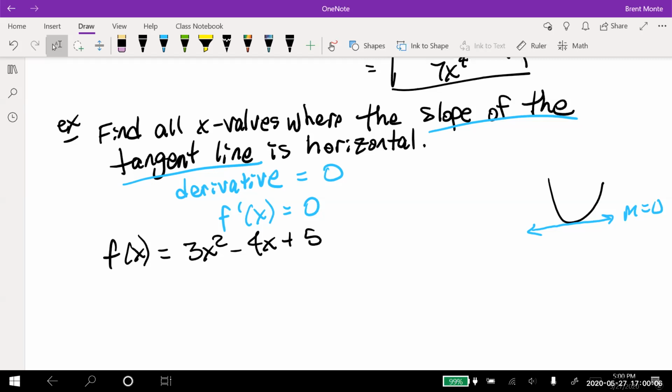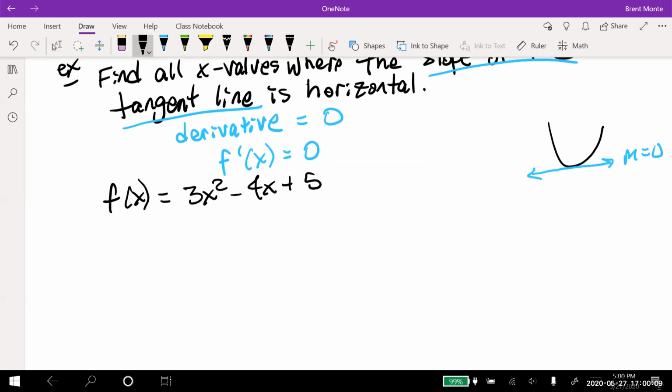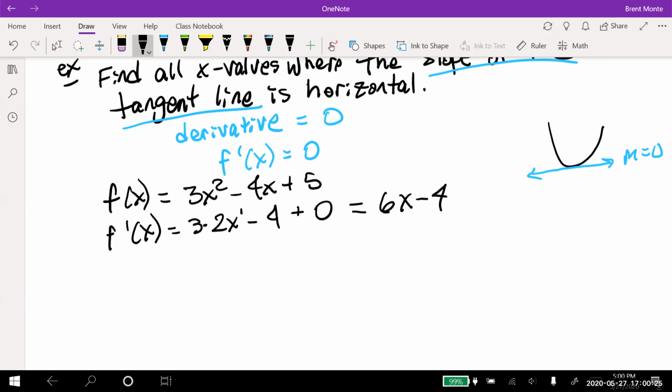So I take the derivative, f prime of x, well, remember, bring the power down. So it's 3 times 2x to the 1st minus, that x goes away, 4, and then plus 0. So the derivative is just 6x minus 4. So I just set that equal to 0.